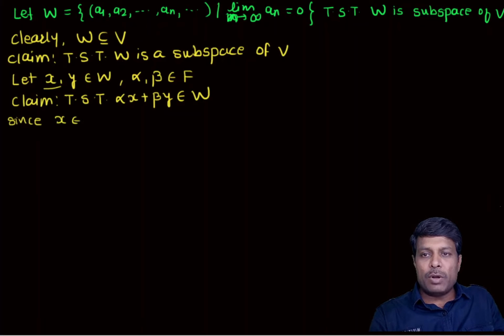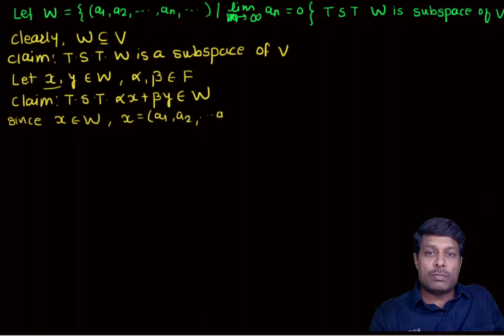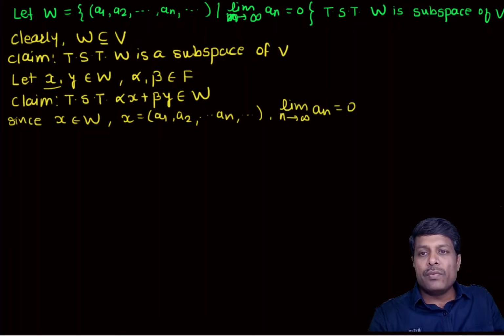Since X is a member of W, therefore X can be written as a1, a2, the nth term should be an, and so on. And one more condition in W, that is, the limit as n tends to infinity of an is equal to 0. Similarly, Y also belongs to W. This implies that Y is again an infinite sequence.